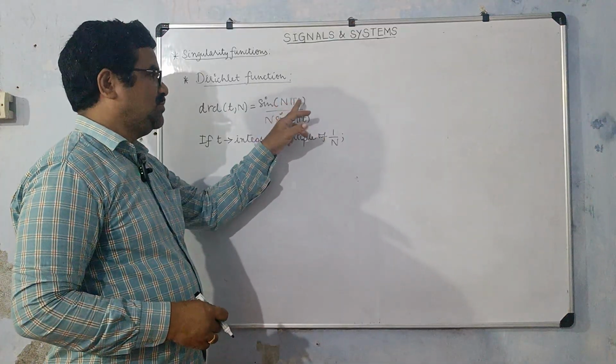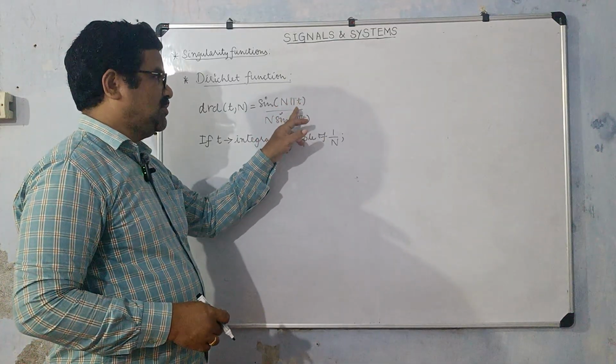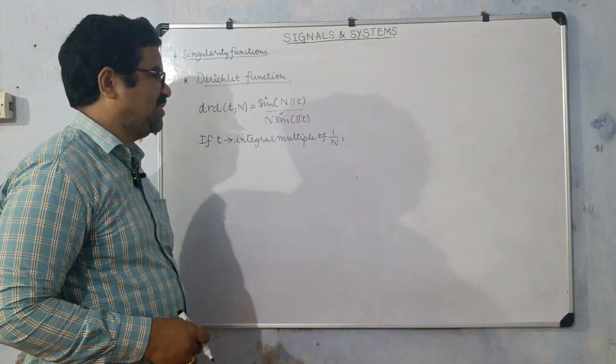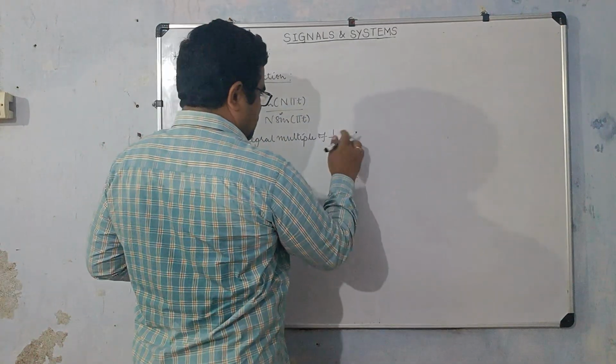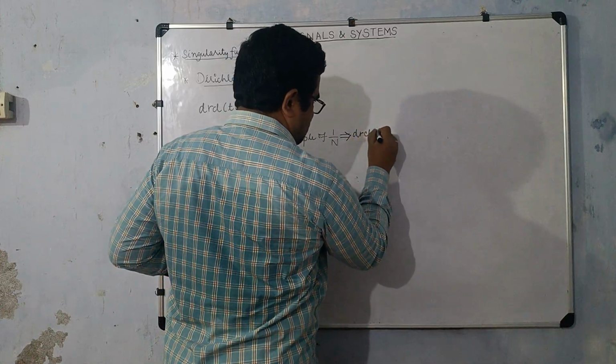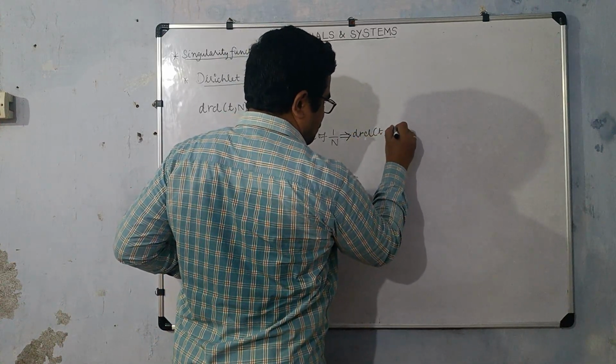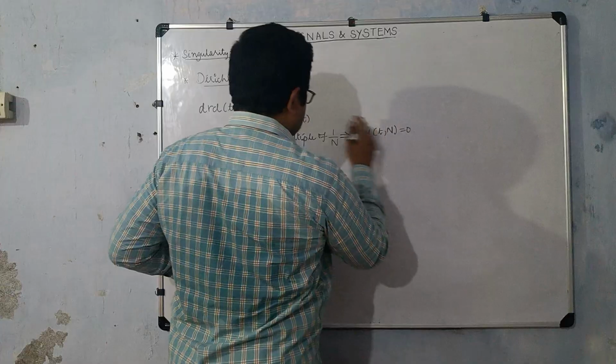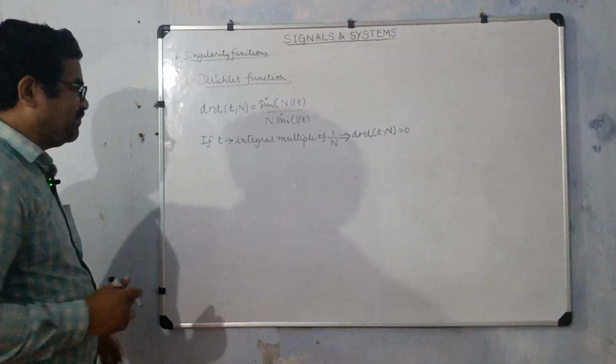For 2 by n, n gets cancelled and sin 2 pi is 0. If t is an integral multiple of 1 by n, then drcl of t comma n is going to be equal to 0 because the numerator is going to be 0.